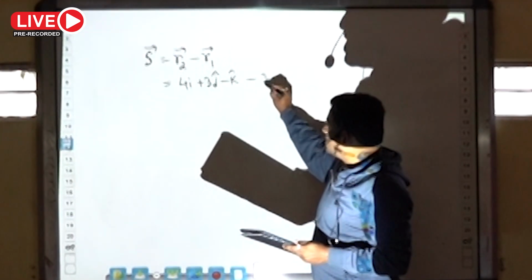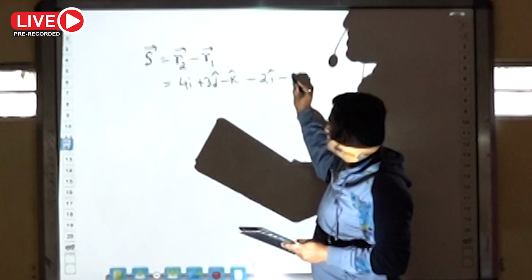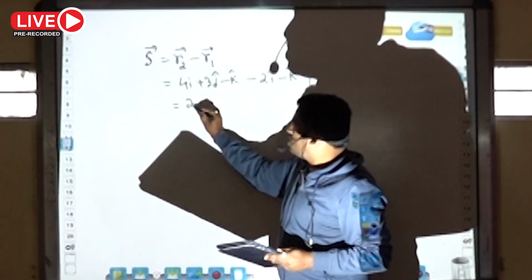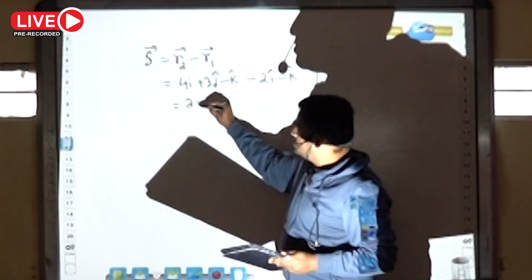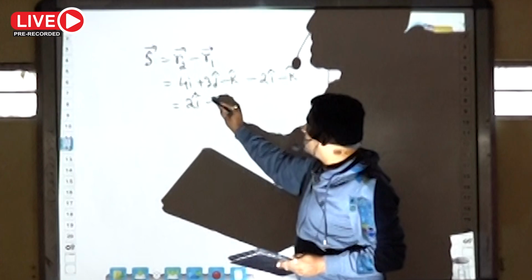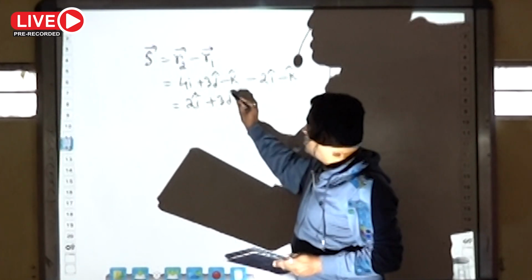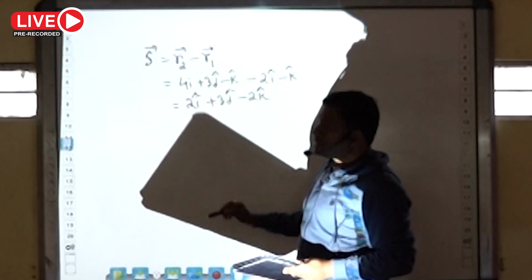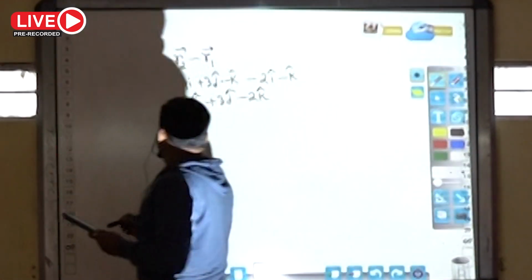So subtracting this means minus 2i minus k. So it will become 2i + 3j - 2k, and then take a dot product with the force.